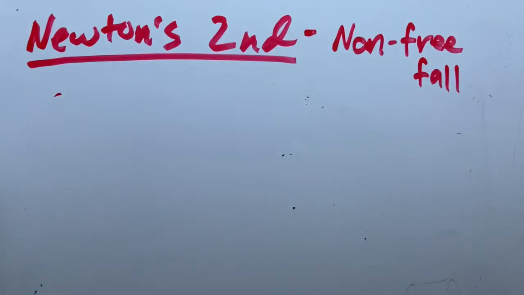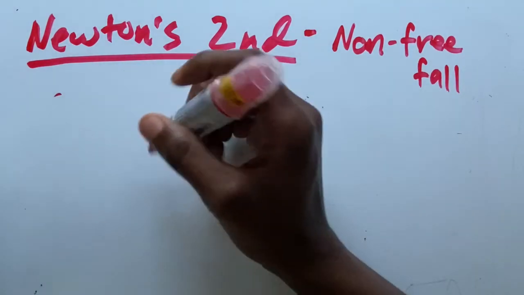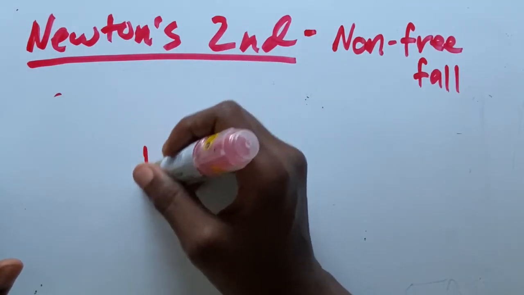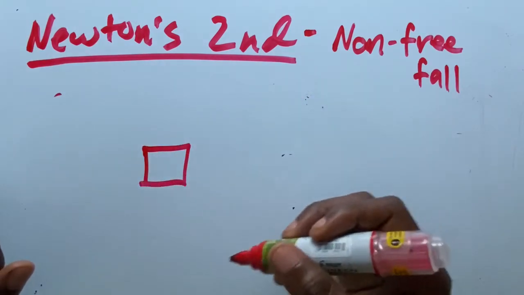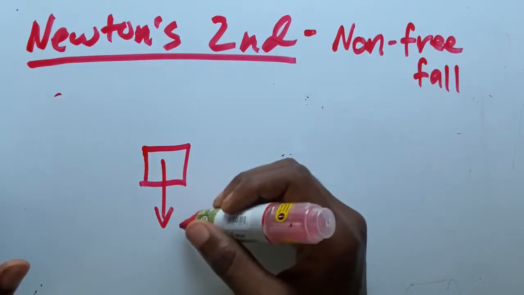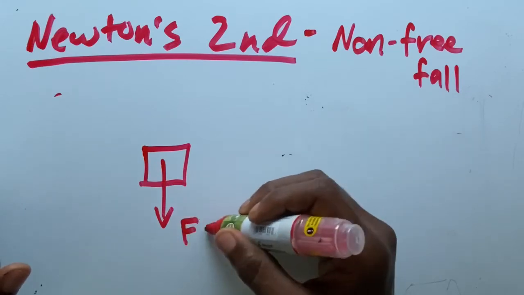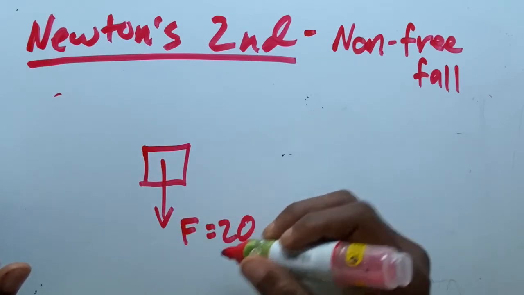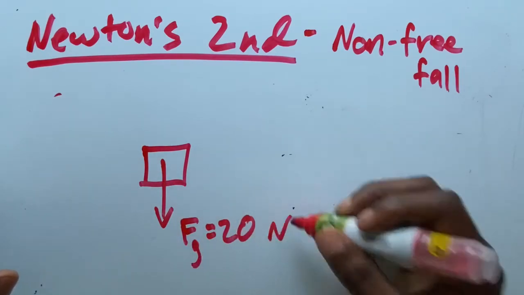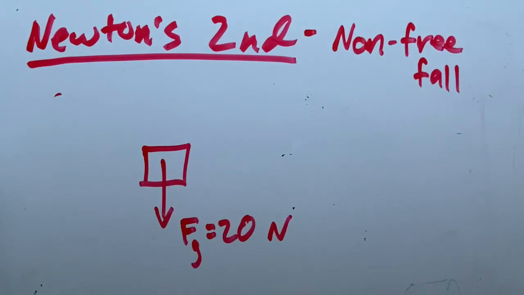Well, let me work that out here. So basically it's saying that we have some object here, and it's falling down with a force of 20 Newtons. And that must be the force of gravity, 20 Newtons.